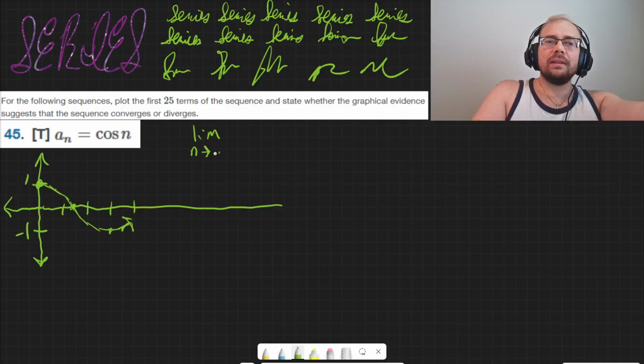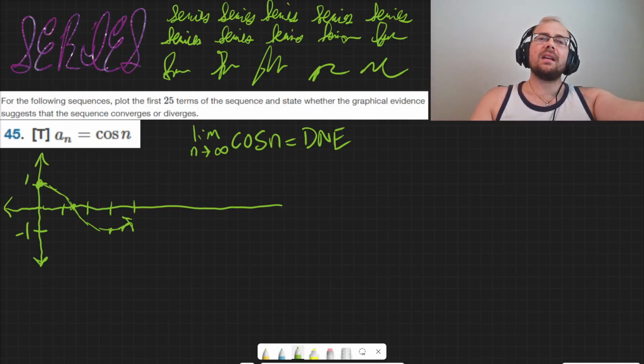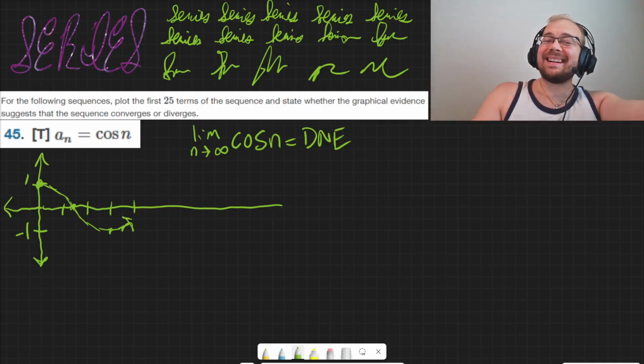The limit as n goes to infinity of the cosine of n does not exist, because that is not a constant, so it diverges.